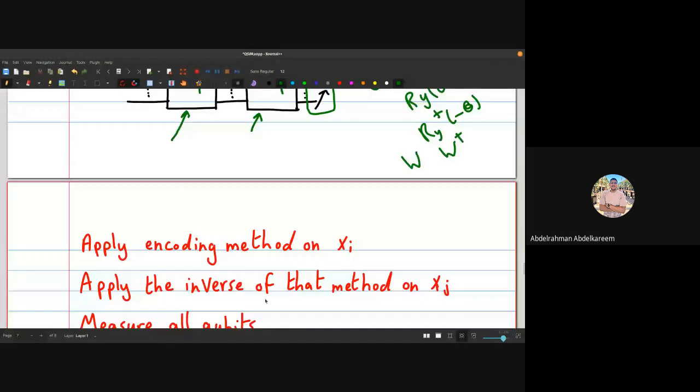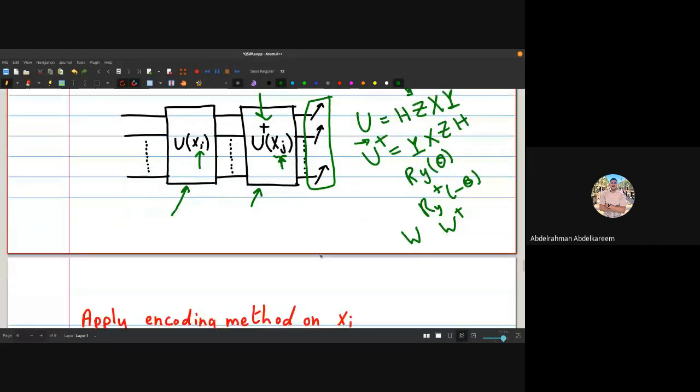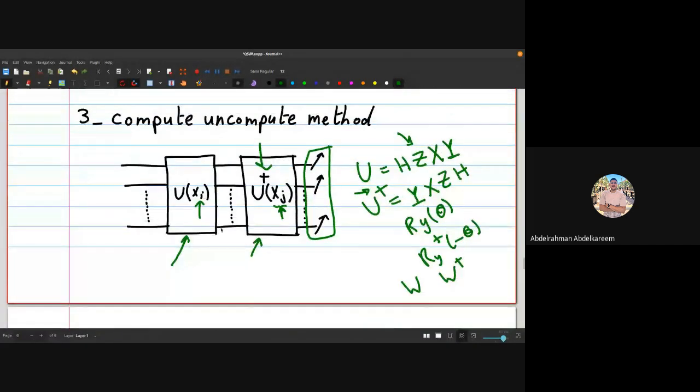So it's a very simple approach. Apply the encoding method on xi, then apply the inverse of that method. It has to be the same method. You can't just apply angles and then apply the feature map. If you have chosen one encoding method, you have to choose the same encoding method for the other data point. Then measure all qubits.